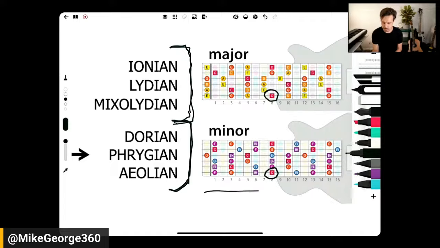And the cool thing is this minor pentatonic sounds really good. Actually, both the major and minor pentatonic scales sound awesome. The minor pentatonic scale is especially nice, and it's partly because it kind of lends itself to this blues scale that we're going to look at today.